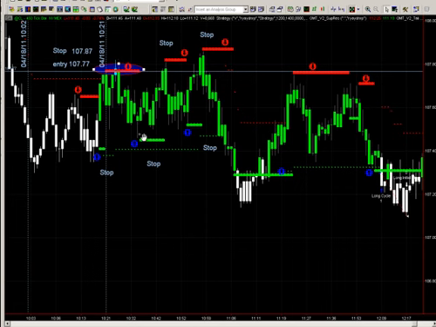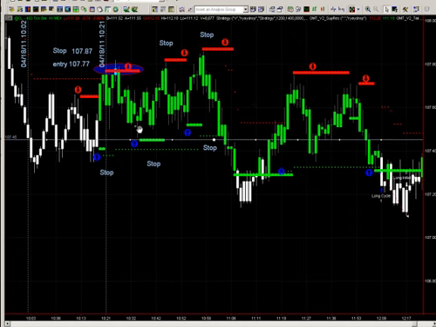And our target is not necessarily a fixed target, but we're looking for our target to be the printing of support, so that support level would be a potential target point. So if we're manually trading, we can use that as our target area. On order automation, our target generally will be a trailing stop.